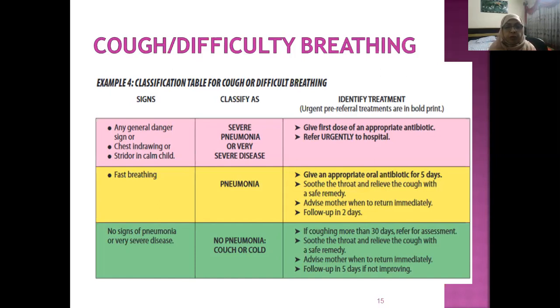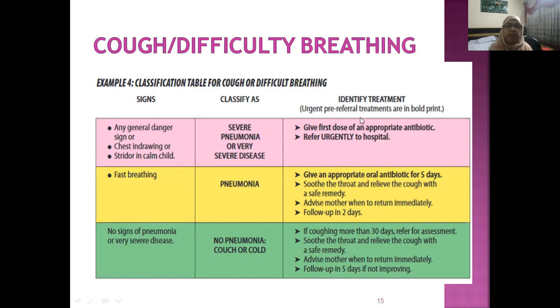You have to ask for general danger signs, or you have to look for chest indrawing. Here it will be severe chest indrawing in the red zone, or you have to listen for stridor in a calm child. If any one of them is present, the baby will be suffering from severe pneumonia or very severe disease. So what to do for the treatment in this child?